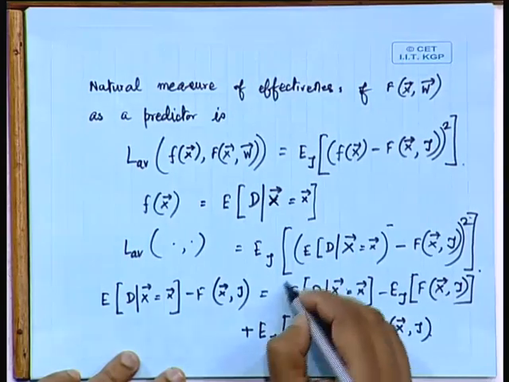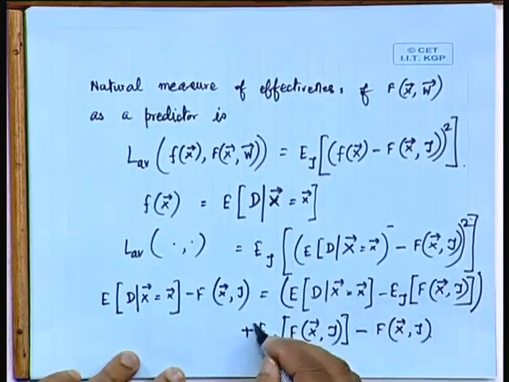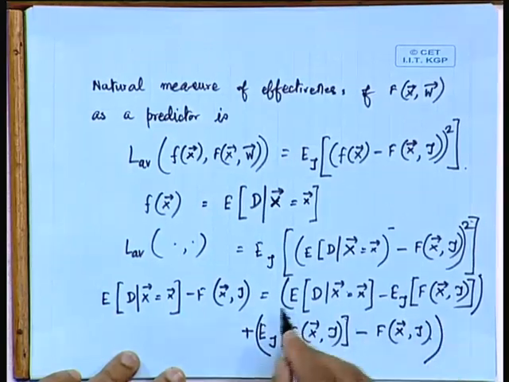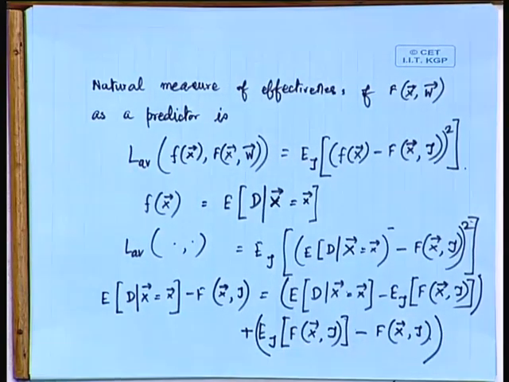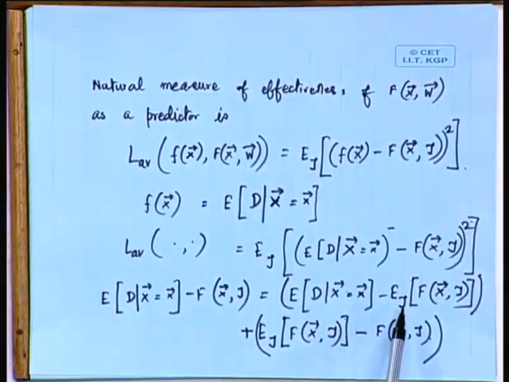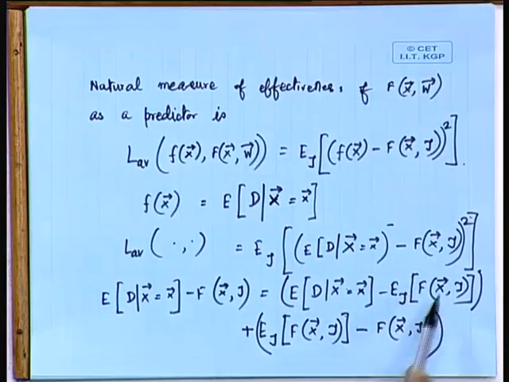So, a sum of two quantities, this plus this. Now, the question is what is the interpretation of these two quantities? What is this one? E of this expression is nothing but the regression function, the definition of the regression function, minus the averaged value of this one. What can you call it as a statistical quantity? Can anybody suggest a good name for that?